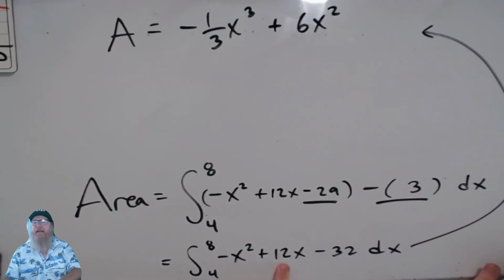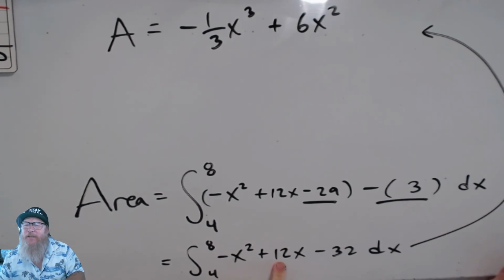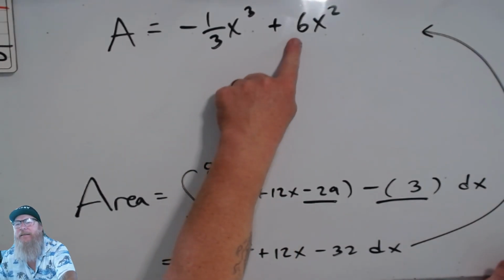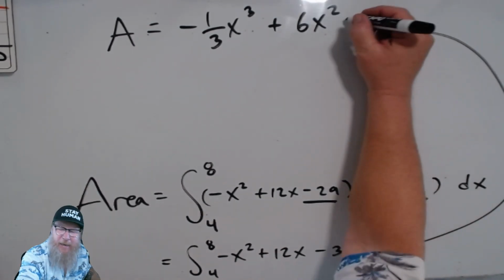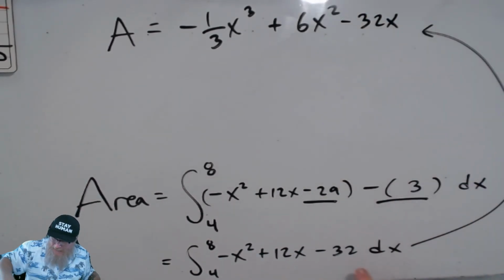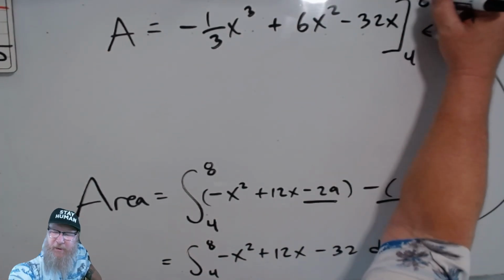Notice I just did that mentally. It's 12x squared divided by 2, but since 12 is divisible by 2, I just went ahead and did it and got 6. Saves me a little time later. And then negative 32x, and then I'll evaluate that between 4 and 8.